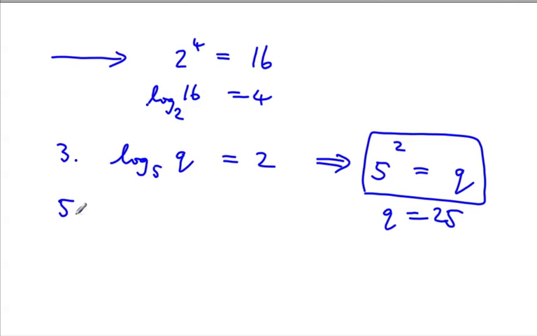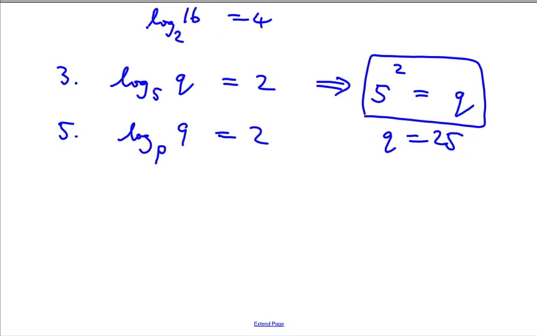So question 5, log base p of 9 equals 2. Now, what we're going to do is rewrite this in index form, just like we did the other one. This means p squared equals 9.